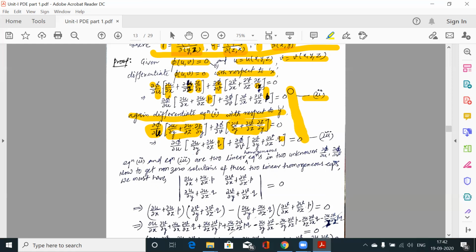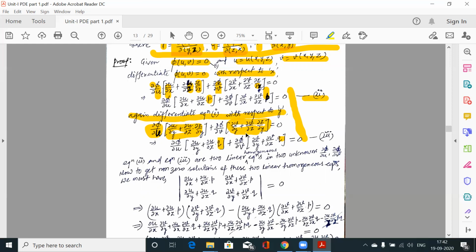From these two equations we have to eliminate phi. Are you getting it? We have to eliminate the given function phi from these two equations. Here del phi over del u, del phi over del v, and here also del phi over del u, del phi over del v.